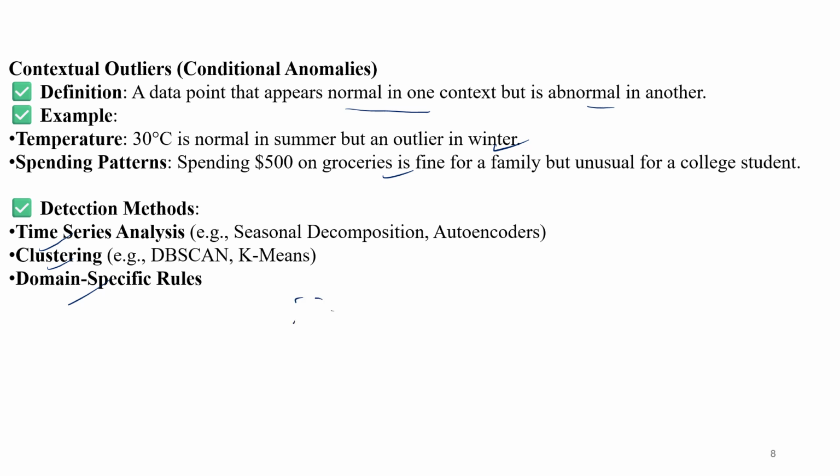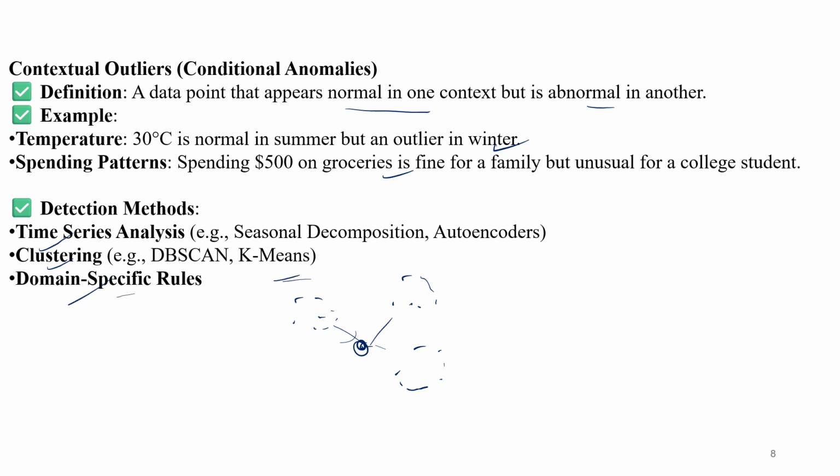Clustering is, suppose you have various clusters. If this point is there, we have to find it by finding the distance. In that way you can find whether this point is a contextual outlier to this group or that group by using the k-means algorithm.